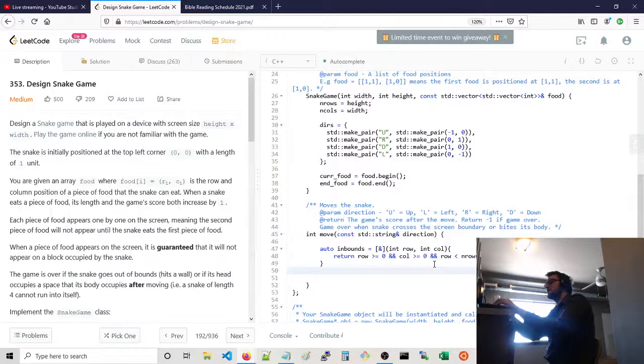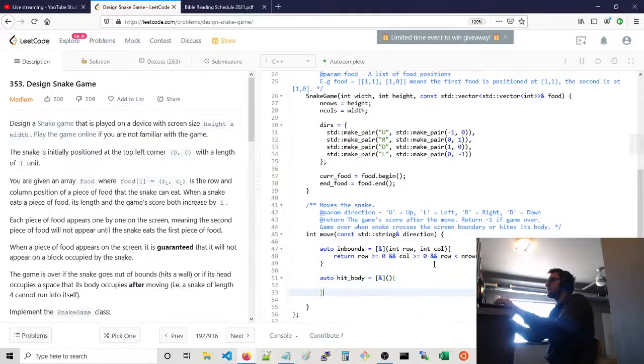And then let's say auto hit body, same or similar thing. It's going to take row and column.